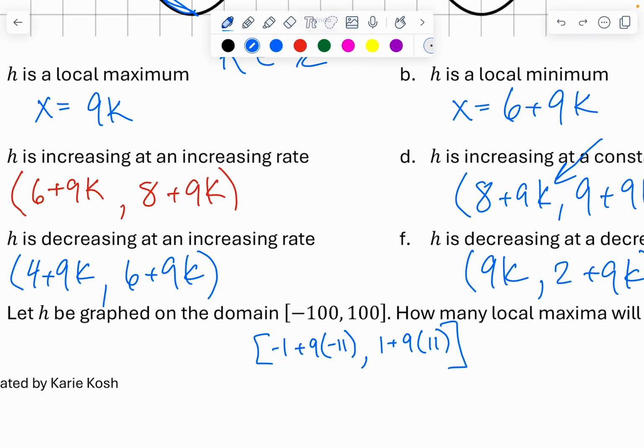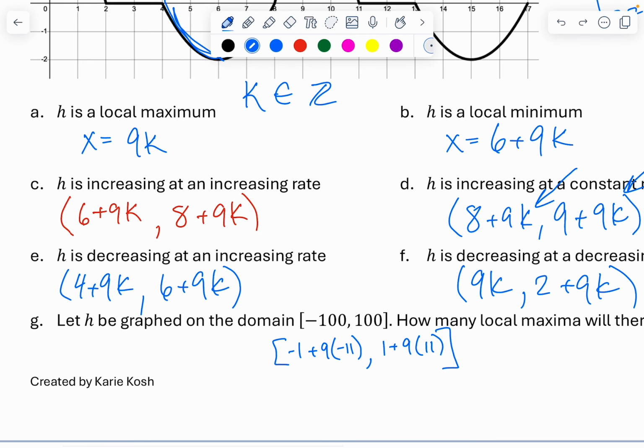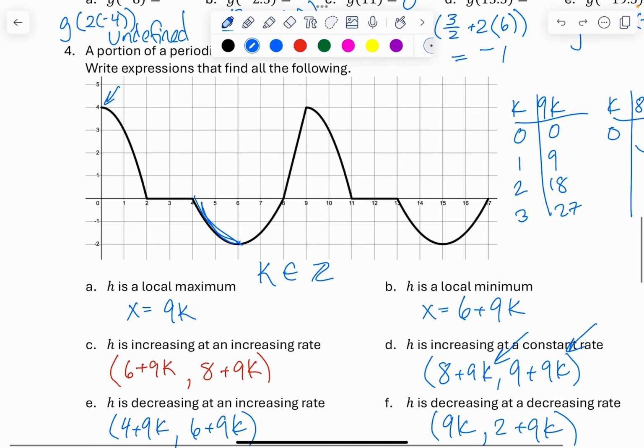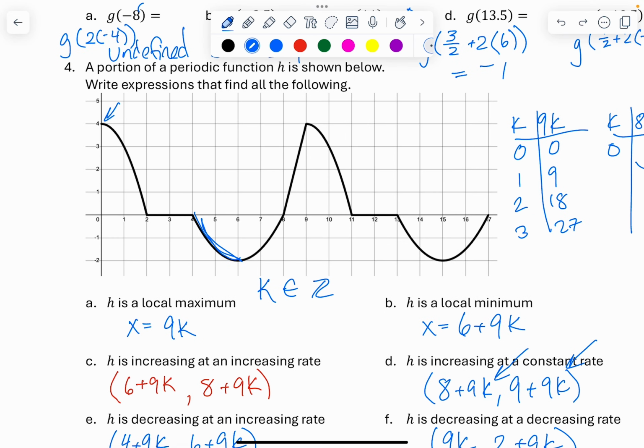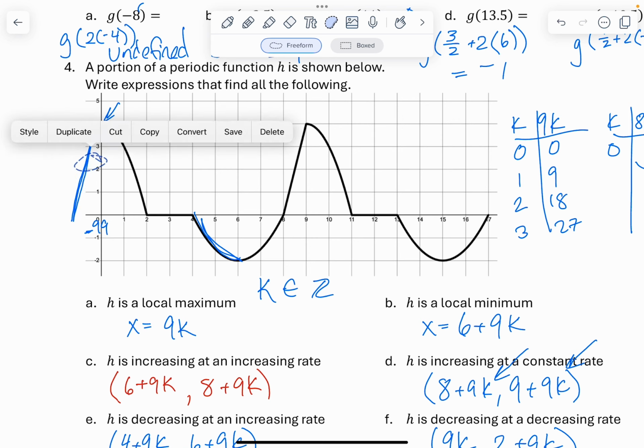And now we need to consider, okay, what happens if I go one unit past the period? So this is that last little bit. Say this was at, instead of this being at 0, let's switch this to negative 99. To go to negative 100, what I'm doing is I'm taking this little piece and coming down like that. And so now I've made it to negative 100, and there wasn't an additional max or min.